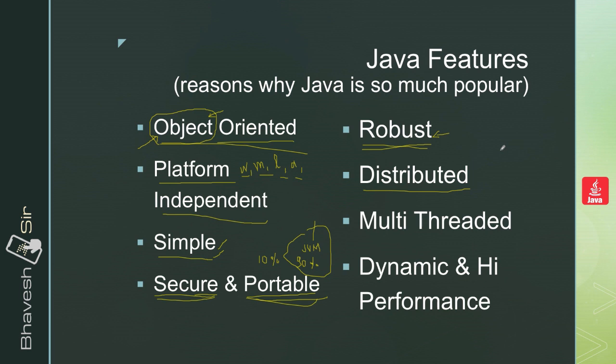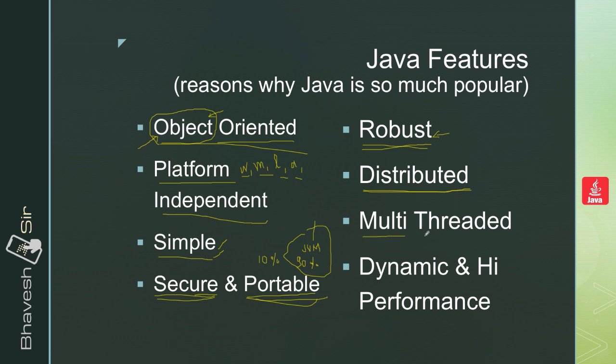So we can say that distributed applications can also be developed in Java, which means Java provides us distributed applications.